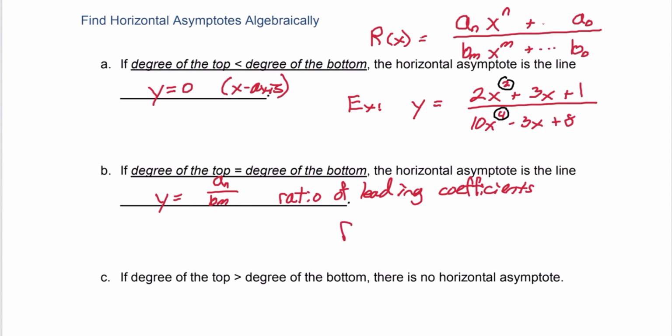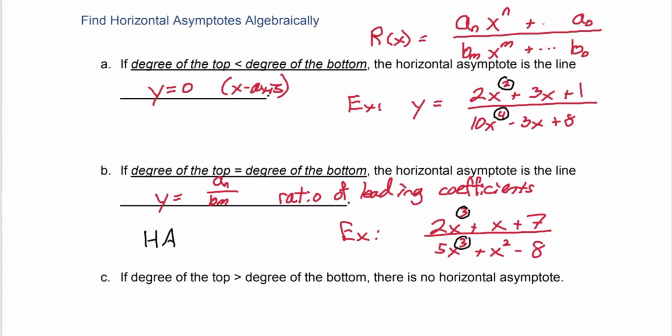For example, if we had 2x cubed plus x plus 7 divided by 5x cubed plus x squared minus 8, notice that the degrees are the same. So the horizontal asymptote would be y equals the ratio of leading coefficients. So 2 over 5. Y equals 2/5.